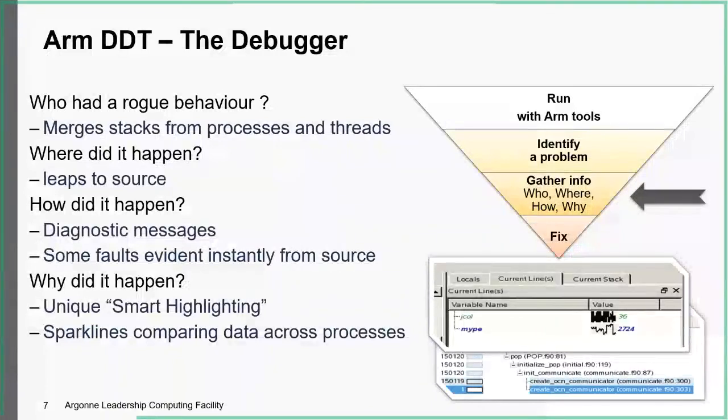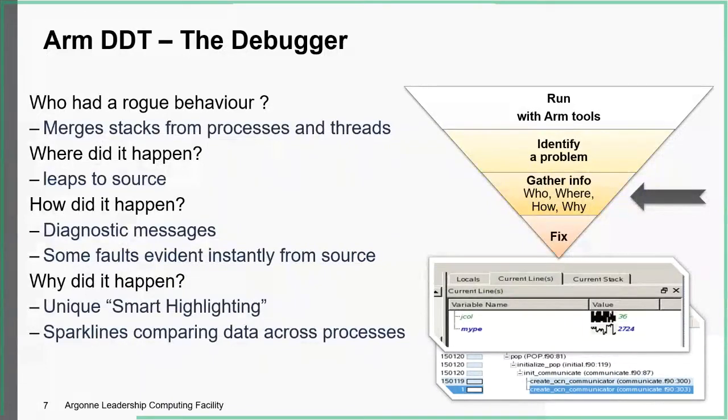So if, say, for instance, one of your processes is not behaving the way you think it is, perhaps you need to scroll through the stack trace to figure out, first of all, how it got to the current location where it is messing up, and figure out what values were being passed along the way, if there are function calls. DDT won't fix the problem for you. It's there to help you to figure out what the current state is. It's kind of like looking at a crime scene and just gathering all the evidence.